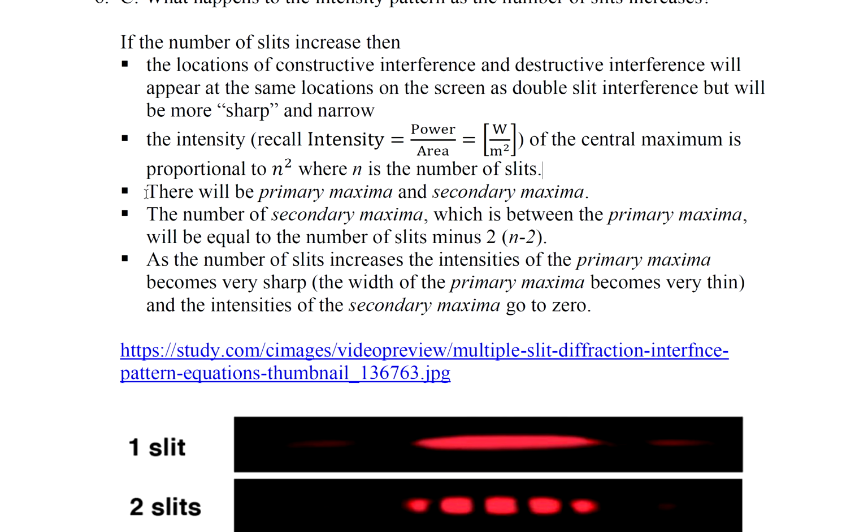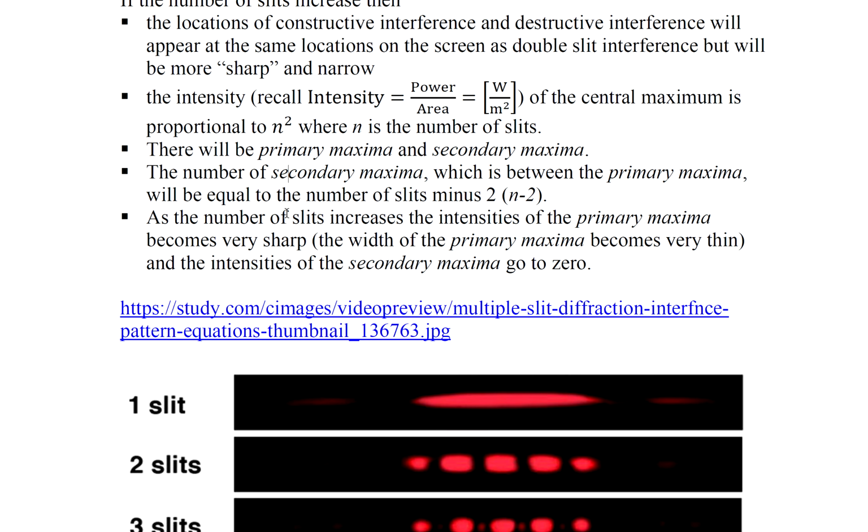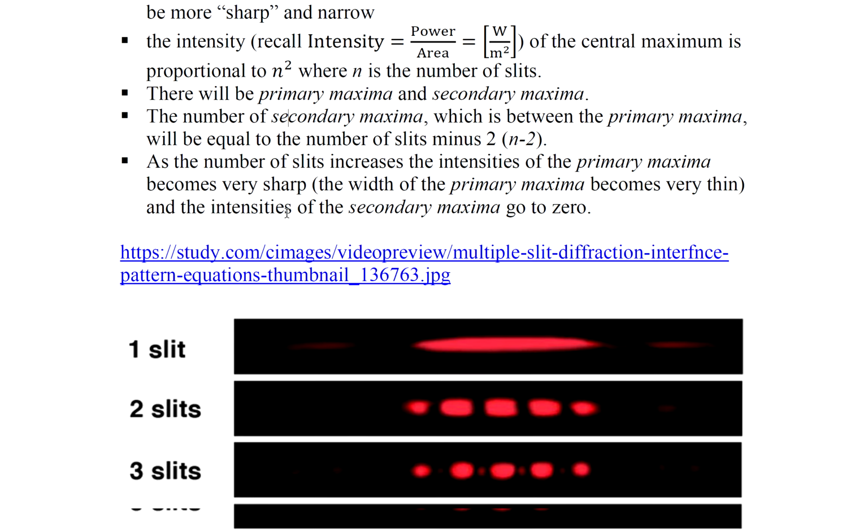There will be primary maxima and secondary maxima. The number of secondary maxima, which is between the primary maxima, will be equal to the number of slits minus 2, n minus 2. And as the number of slits increase, the intensity of the primary maxima becomes very sharp. And the intensities of the secondary maxima go to 0.